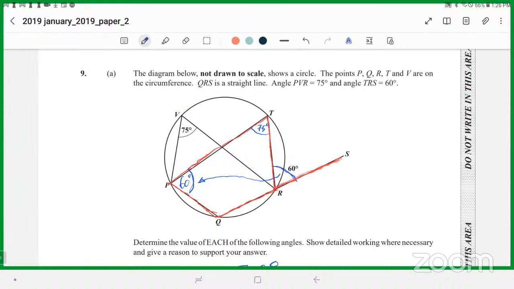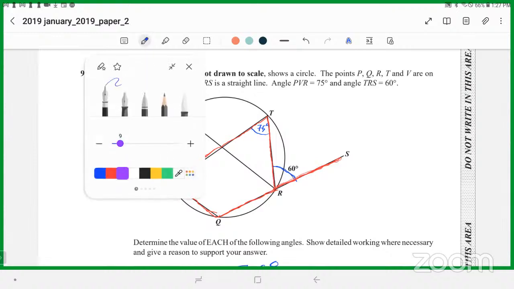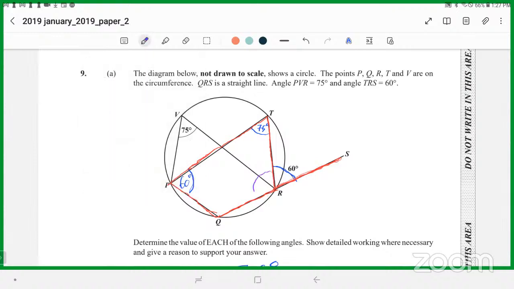So if you take the extension of a cyclic quadrilateral and get the exterior angle, that angle equals the opposite interior. And it makes sense, because remember now, let's look at it. If we call this angle here theta, 60 plus theta is 180 because total angle on a straight line is 180.